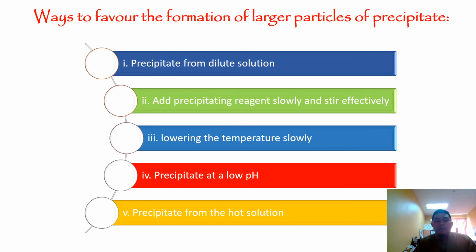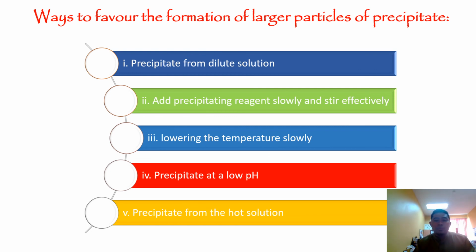Okay, ways to favor the formation of larger particles of precipitate. So there are six points that you need to know, which is precipitate from dilute solution, add precipitating reagent slowly and stir effectively, which is you tak boleh throw-kan semua. Kalau katakan 15 ml you nak add the precipitating reagent, tak boleh terus tuang 15 ml tu, it's not good.